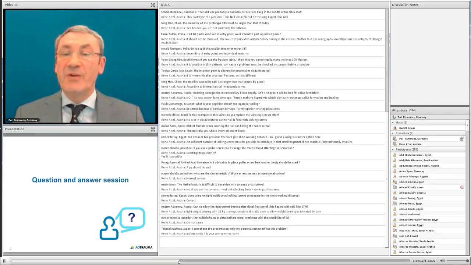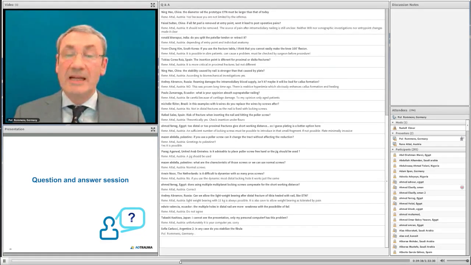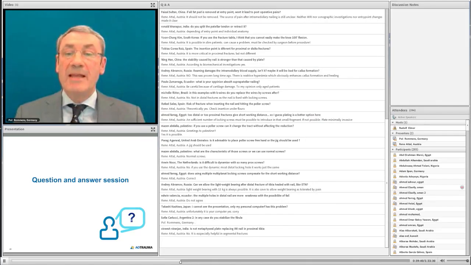There is a question from Argentina. In any case, do you stabilize the fibula? Well, we have learned that if we use the expert tibia nail and we interlock 3 times or 4 times this distal nail, or the nail in the distal part, then we do not need specific osteosynthesis of the fibula anymore.